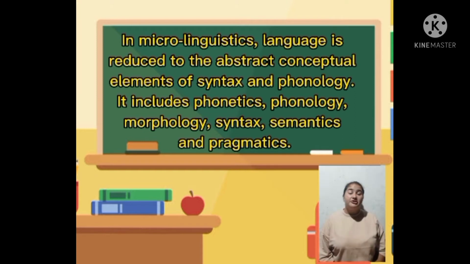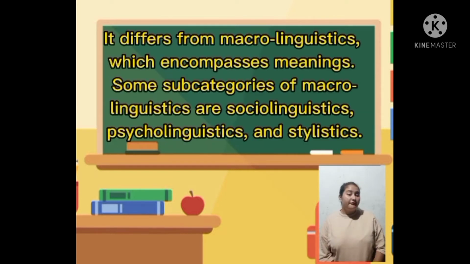It includes phonetics, phonology, morphology, syntax, semantics, and pragmatics. It differs from macrolinguistics, which encompasses meanings. Some subcategories of macrolinguistics are sociolinguistics, psycholinguistics, and stylistics. Let us now proceed with our main topics.